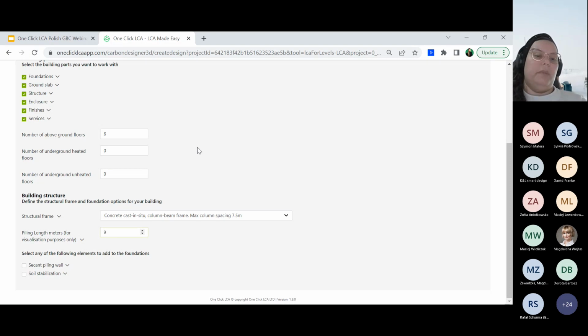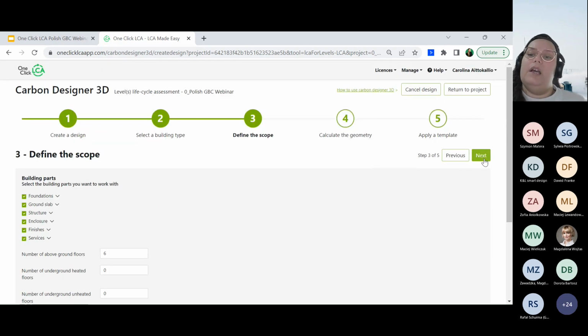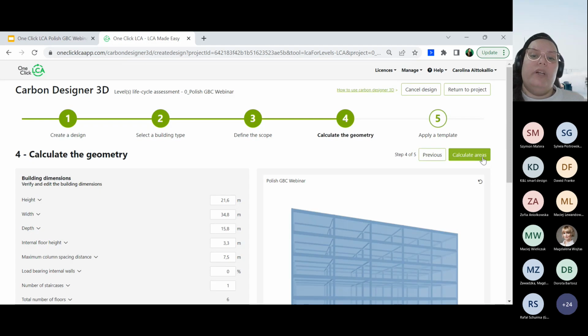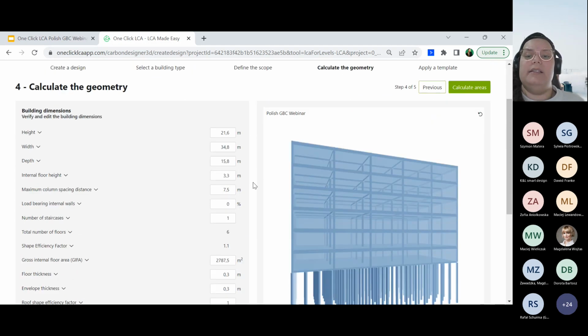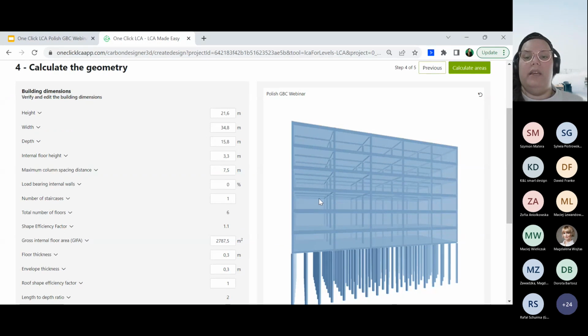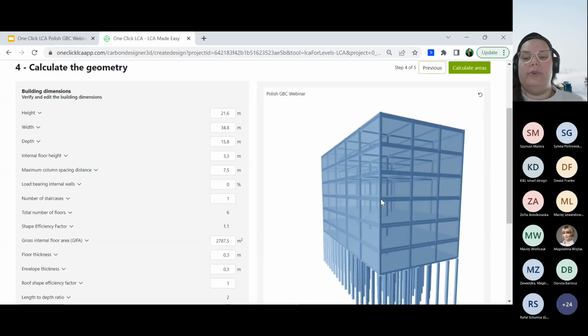So here I can put some meters for the piling length for visualization. And if you have any other special elements that you would like to add to the foundation, you can add them here as well, like the second piling wall or the soil stabilization. So then we can move forward, and this is our building with our 6 floors.